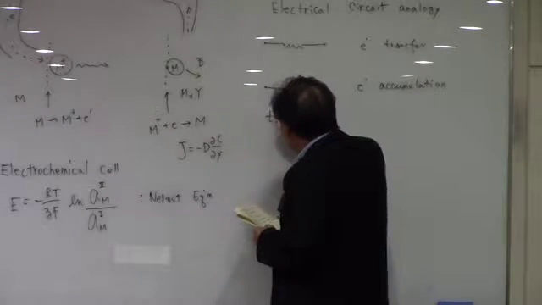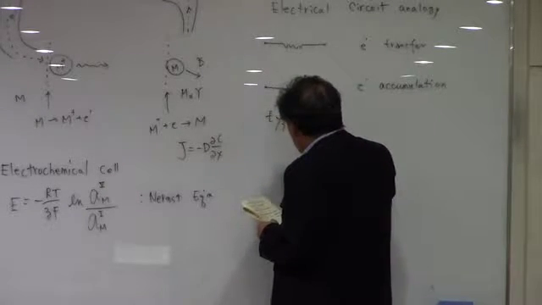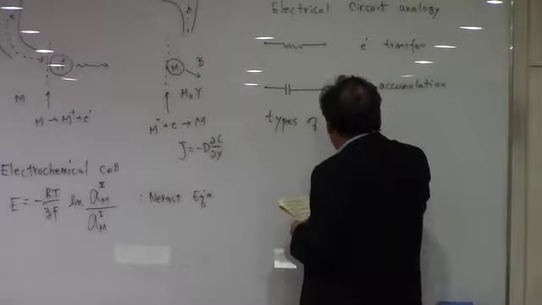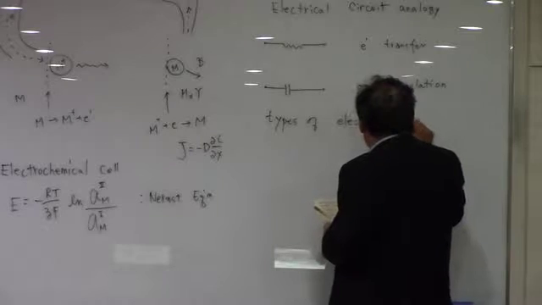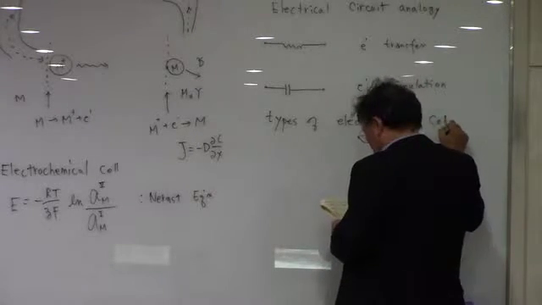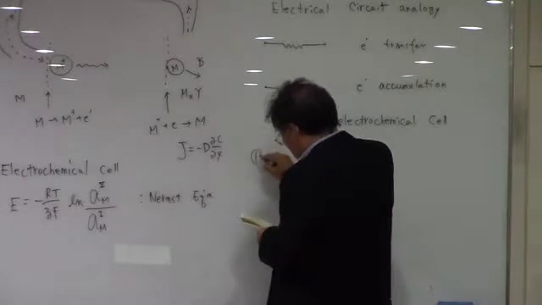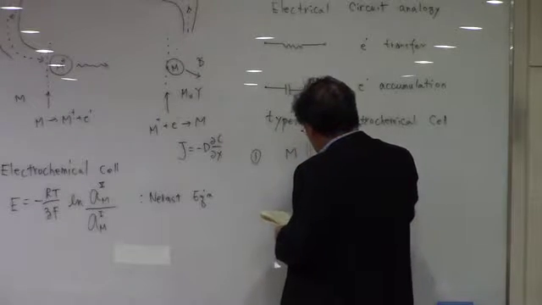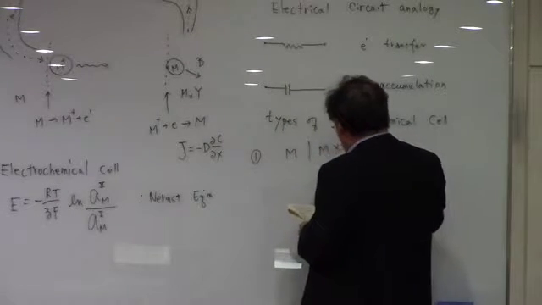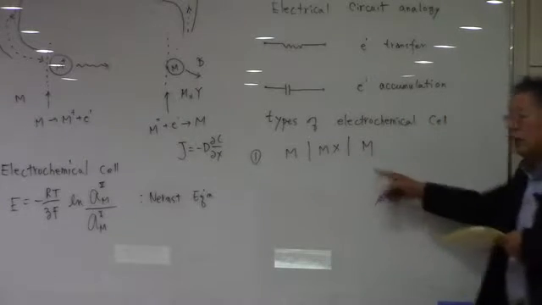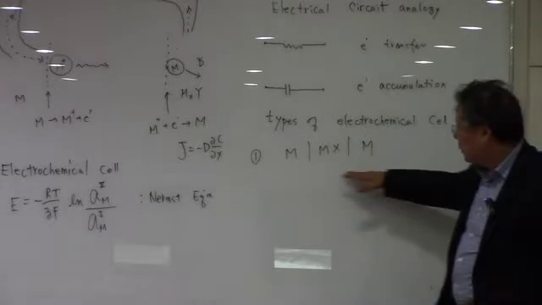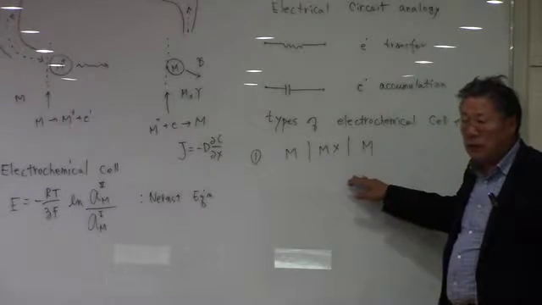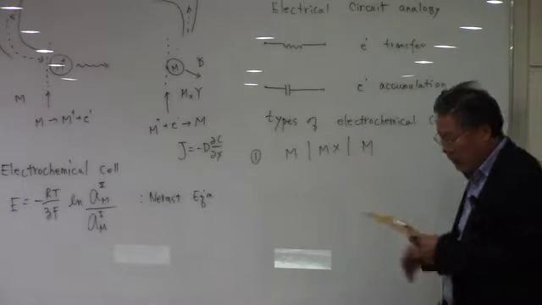So, types of electrochemical cell. First, M, MX, and M. Both anode and cathode are metals. Let's suppose this electrochemical cell, and what's going to happen in this case.